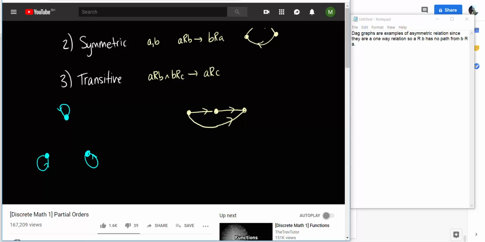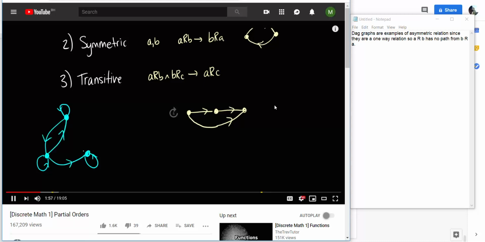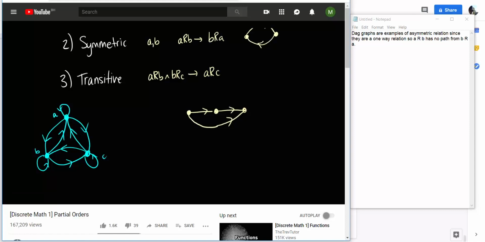And let's say that A points to B, and B points to C, then we should get the transitive arrow. And basically what this says is that all of the elements are equal to each other. So a good equivalence relation is the equal sign. So A is equal to B is equal to C. So 1 is equal to 1 is equal to 1.